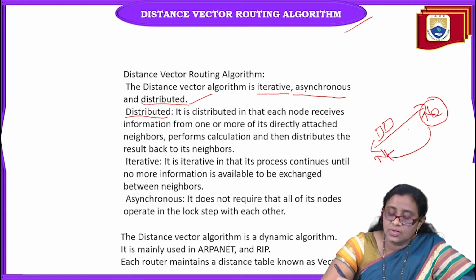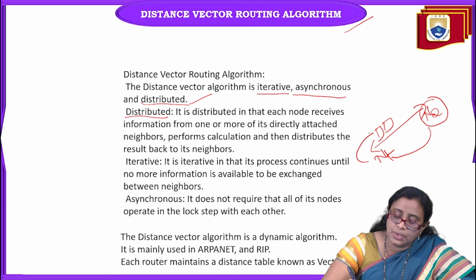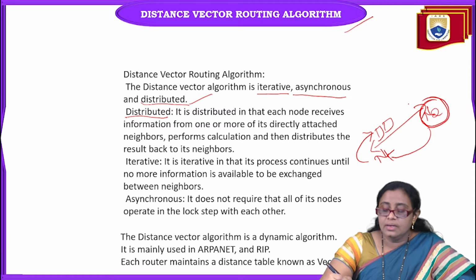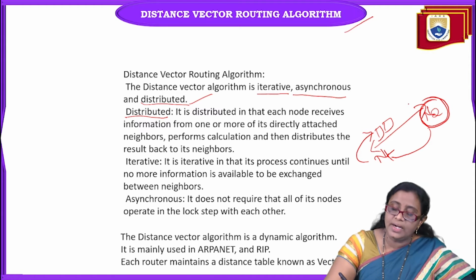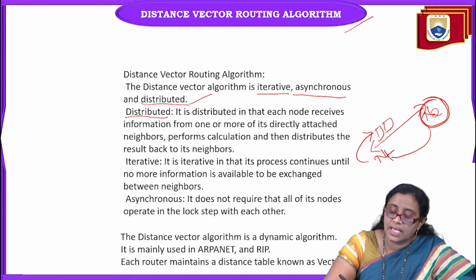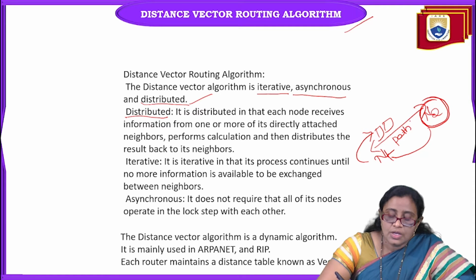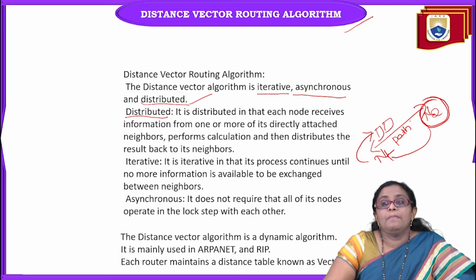Whenever node 1 sends the data packets, node 2 performs the calculation, like how many data packets or data frames can travel on one particular path, and distributes the result back to its neighbors.